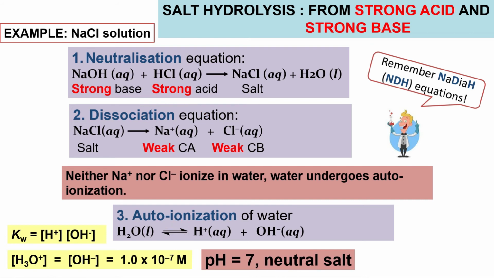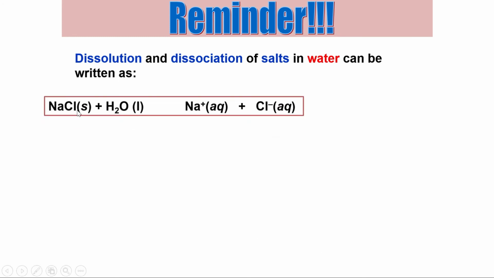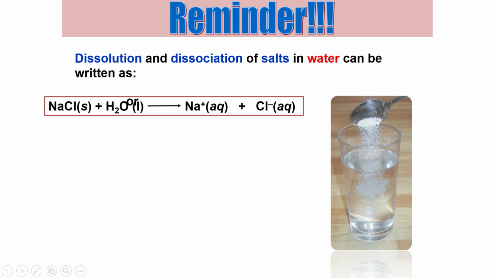Right, so now, this is a reminder. Dissolution and dissociation of salts in water can be written in two ways. Look at the state of the salt. If the salt comes in solid form, then you need to add water to dissociate into its ions, like this.